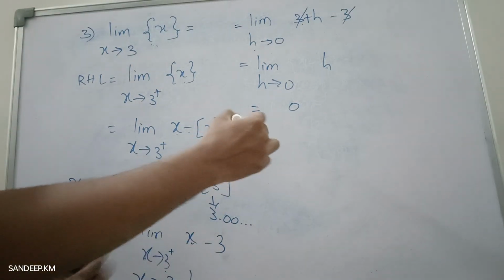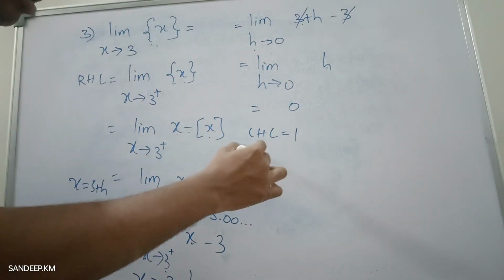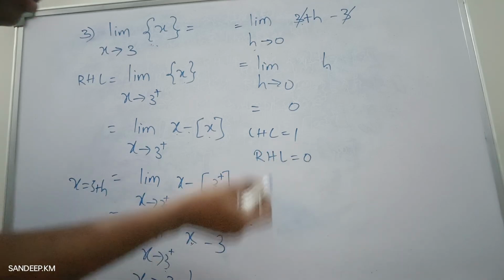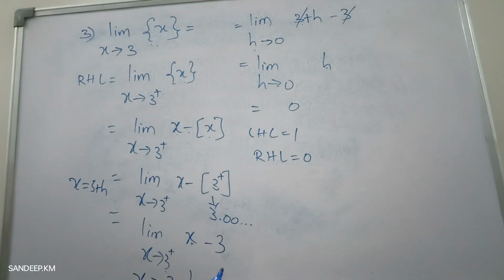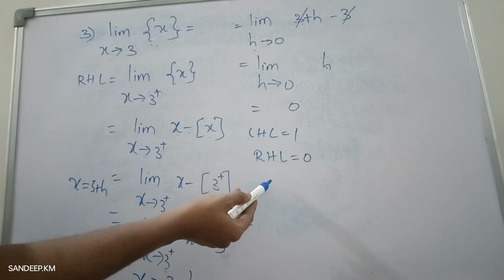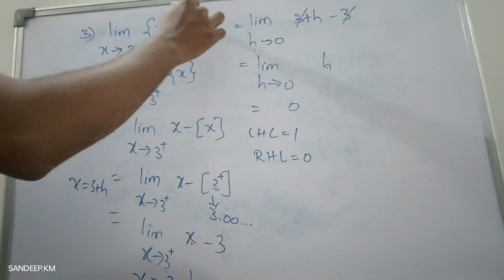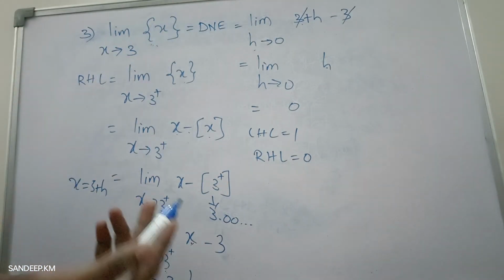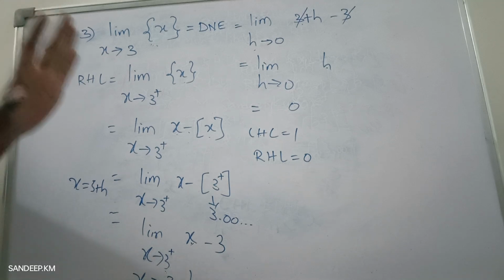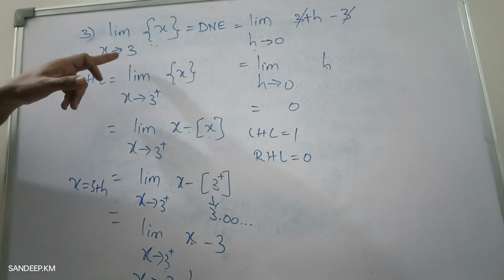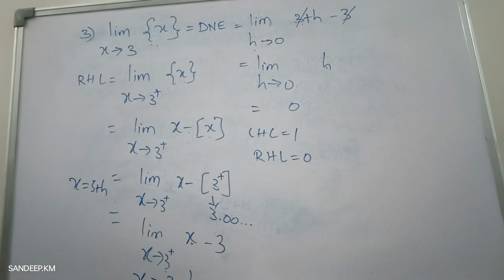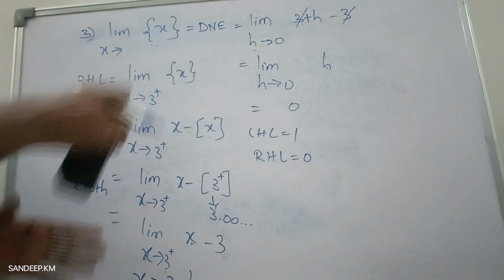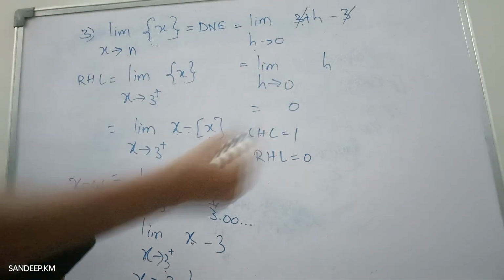Dear students, the left hand limit is equal to 1 and the right hand limit is equal to 0. The left hand limit is not equal to the right hand limit. Since LHL is not equal to RHL, the limit of this function does not exist. Remember this once again: it is not true only for 3. Instead of 3, it can be any number n where n is an integer.